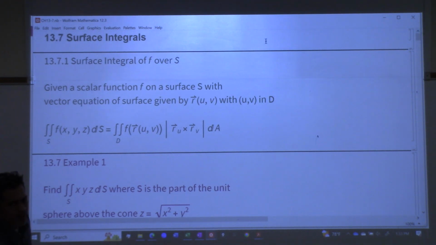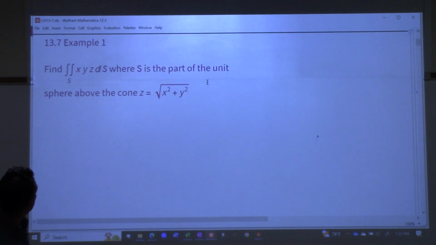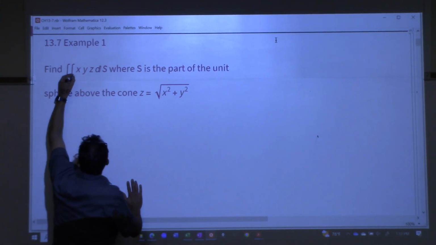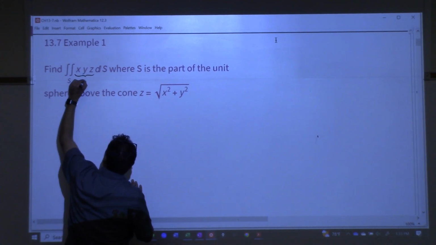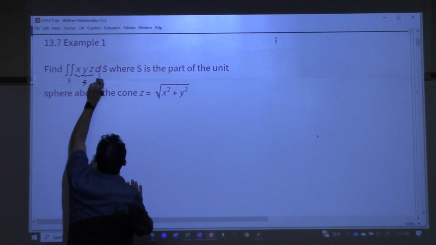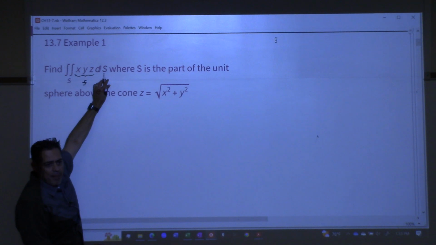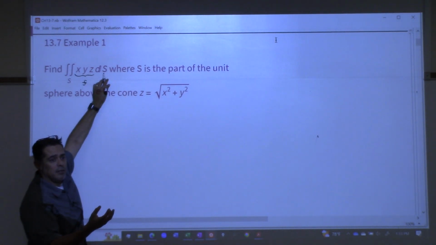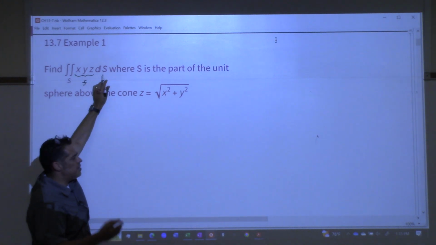I think an example will probably help us try and understand what's going on here. So find the surface integral of this scalar function. This is our scalar function right here, f, with respect to capital S. So we would say with respect to surface area, right? With respect to surface area.